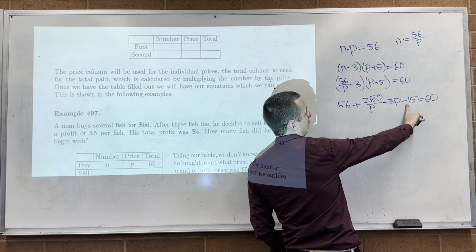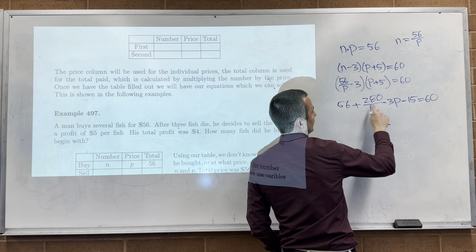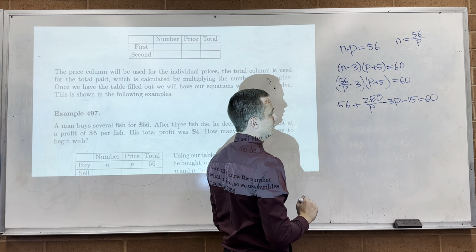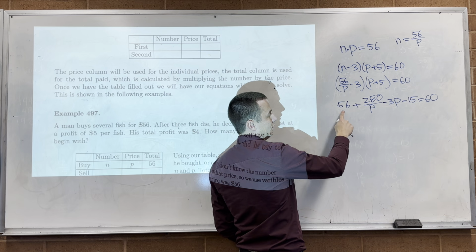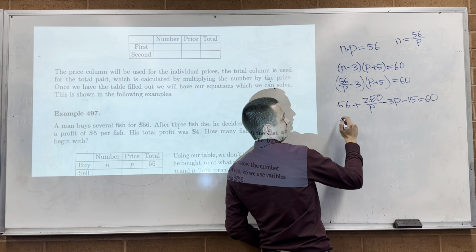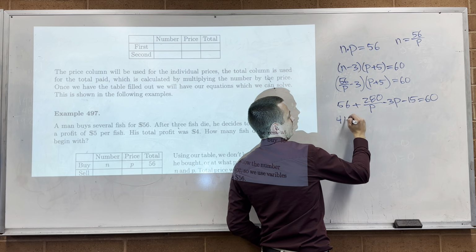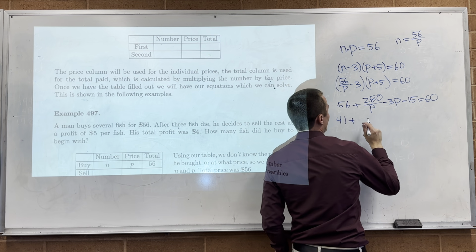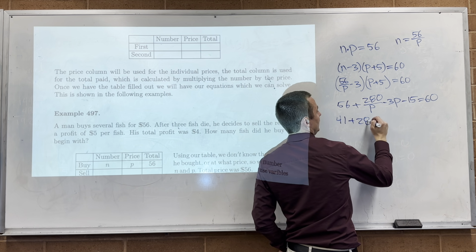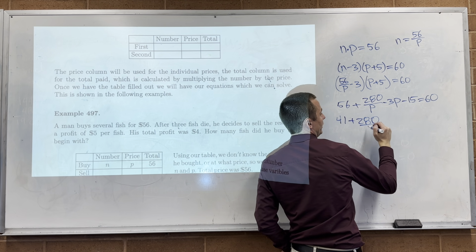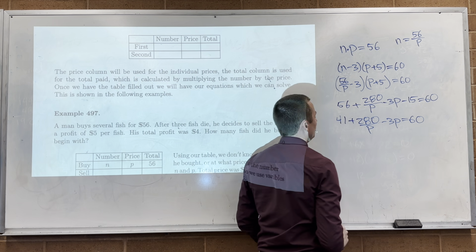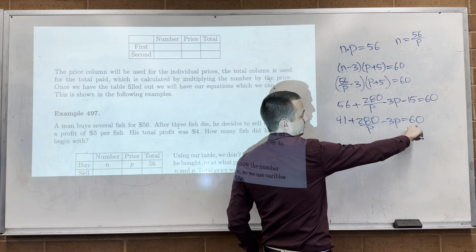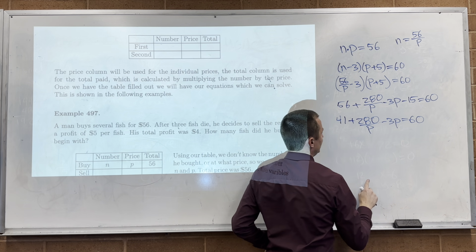Let's really quick move this and this together. 56 minus 15 is 41. So we got 41 plus 280 over p minus 3p equals 60. Multiply through everything by p. First, let's move this to the other side and multiply through everything by p at the same time.